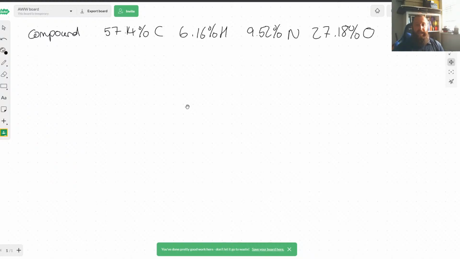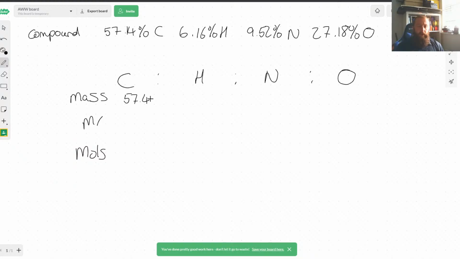So we're going to go through and I'm going to lay it out exactly the same way as we just did. So we've got the ratio of carbon to hydrogen to nitrogen to oxygen. I'm then going to put mass, MR, moles, because whenever we do any question like this or the quantitative ones or pretty much any of the chemistry questions, that's what I'm going to be writing down. So the mass of carbon is 57.14, 6.16, 9.52 and 27.18.